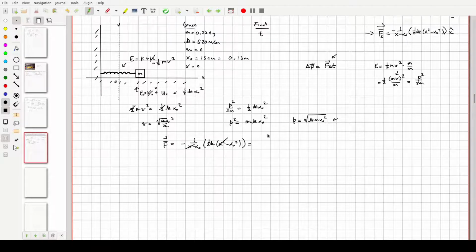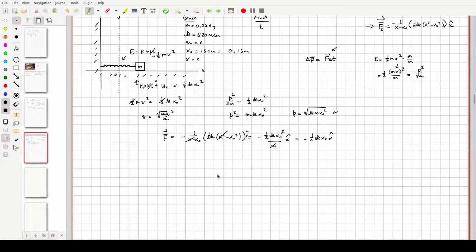Our force is pulling us to the left. Minus 1/2 k x naught squared over x naught in the x hat direction. This kills this off right there. So your average force is minus 1/2 k x naught in the x hat direction.